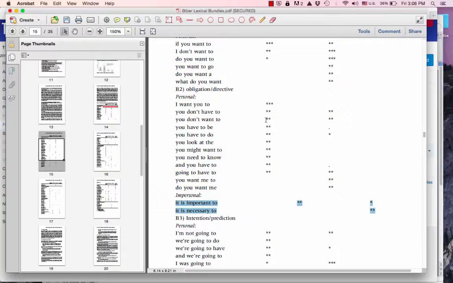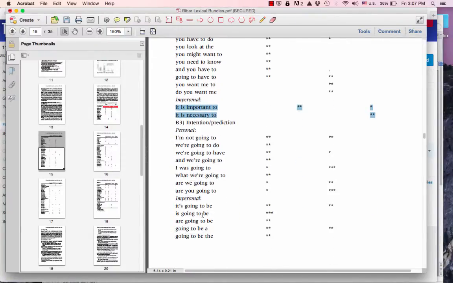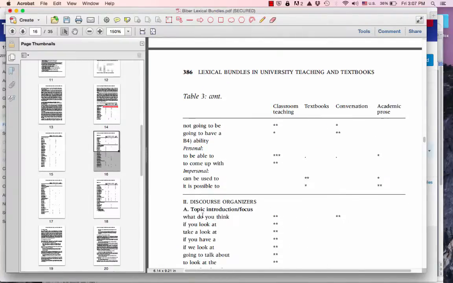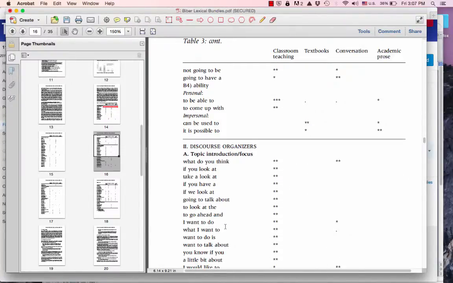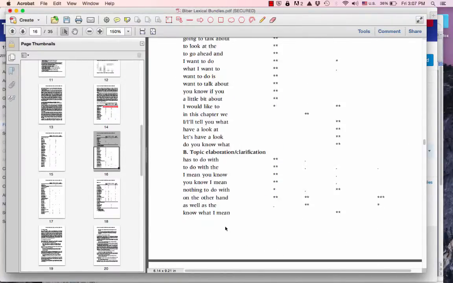And the Schleppegrell text, the article that you read, really talks about how propositions are packaged in particular grammatical clothing and lexical clothing. Well, part of the lexical clothing is, in fact, going to be achieved to some degree by lexical bundles, okay?